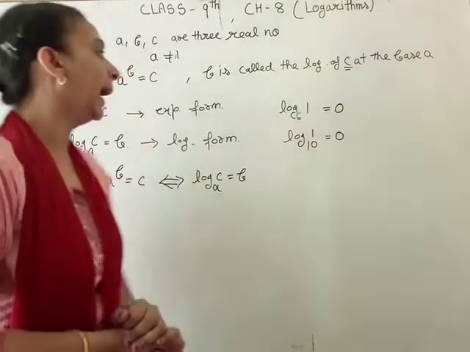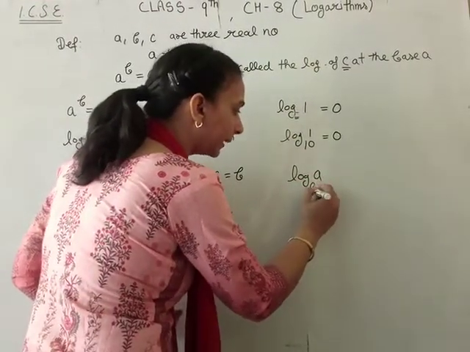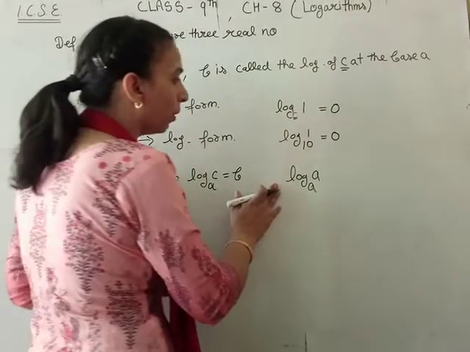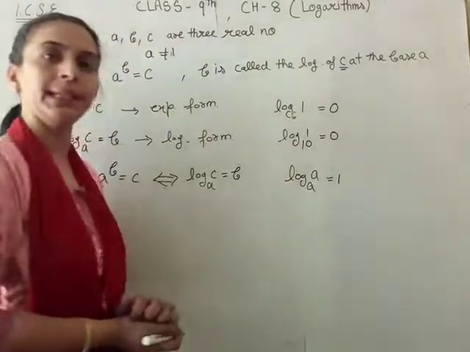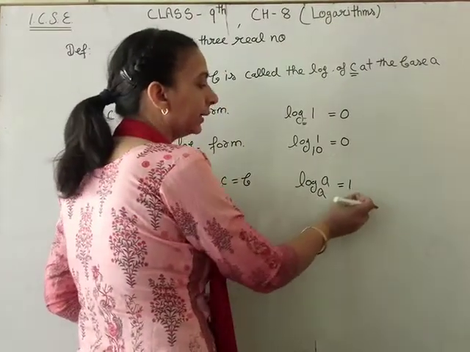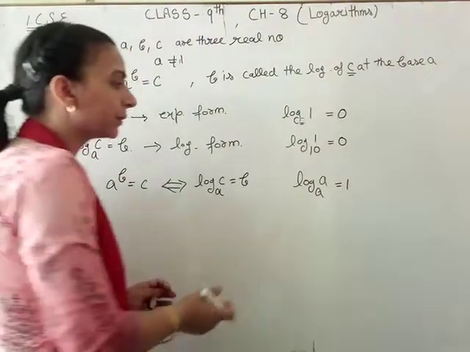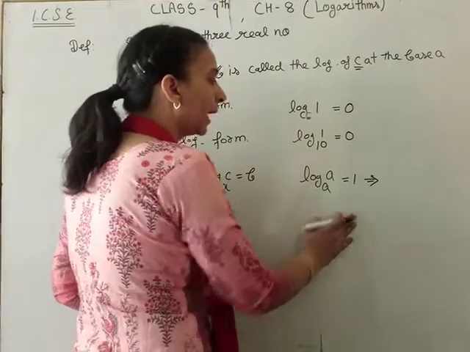Okay students, and if log of a at the same base a, then this equals 1. Students, if base and argument are the same, then this equals 1, because we can write this in exponential form. What is the exponential form?